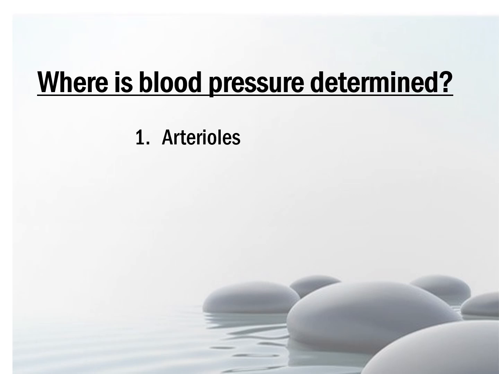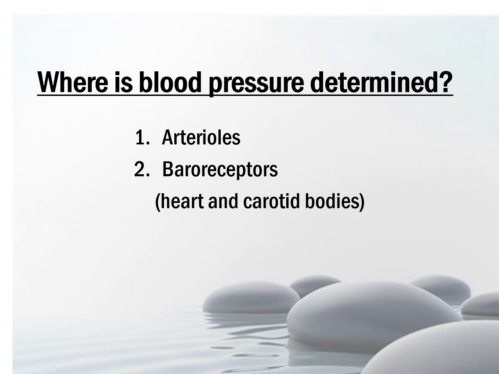There's kind of a combination of effects here. Baroreceptors play a role, just as I mentioned, because we have baro and stretch receptors that also send signals. There's not necessarily one thing. There's a lot of things happening concurrently. So arterioles, baroreceptors in the heart and carotid bodies, like I just showed you, and then chemoreceptors.